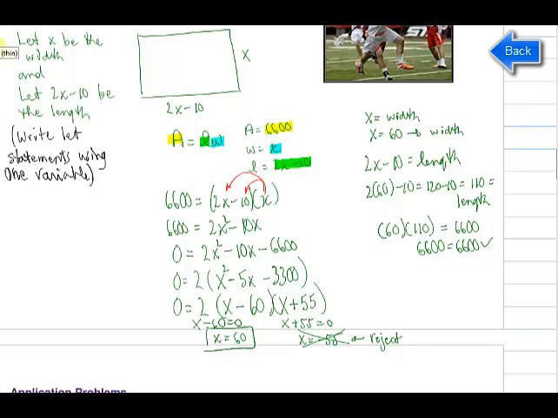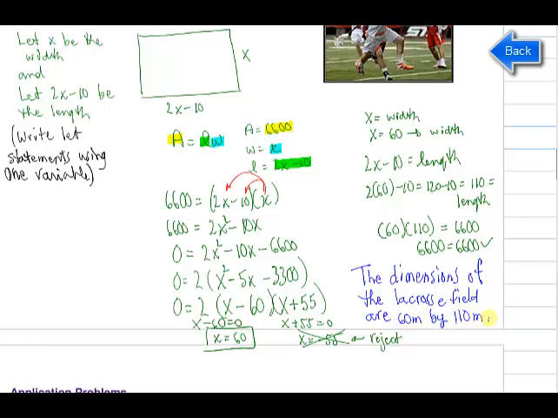So now I can write my sentence. The dimensions of the lacrosse field are 60 meters by 110 meters.